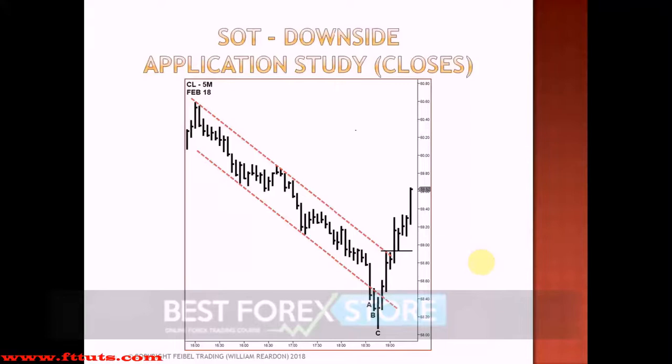Think about it. If bar A is selling, then bar B we can't get going to the downside, but we still make lower prices, and then C we should come down and close weak and get some kind of continuation, but we don't. We hold, and then the very next bar, boom, we're trading back within a channel and we close firm.